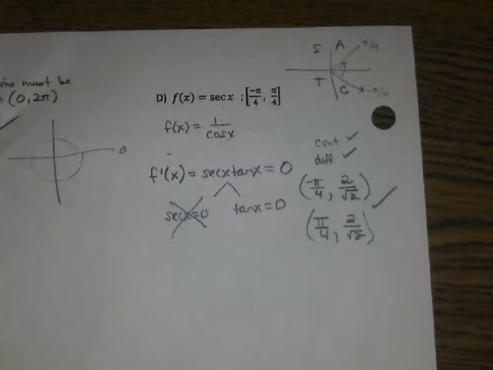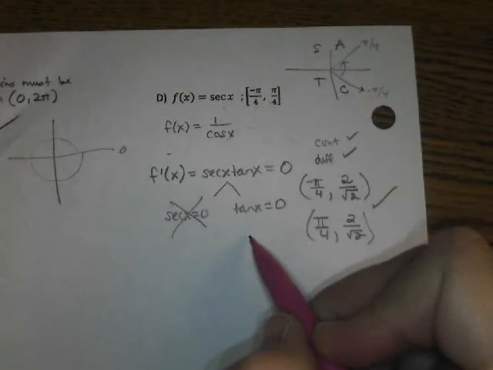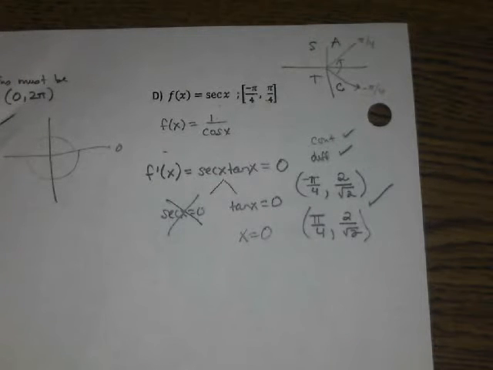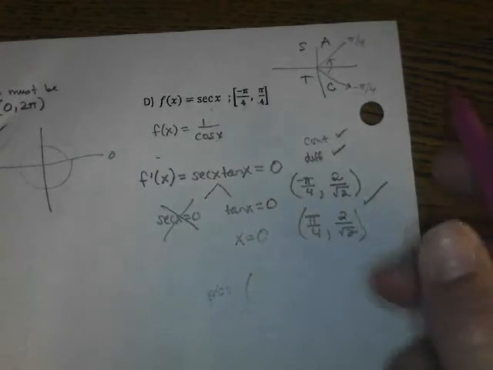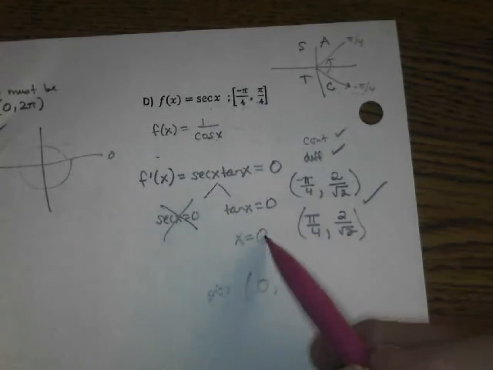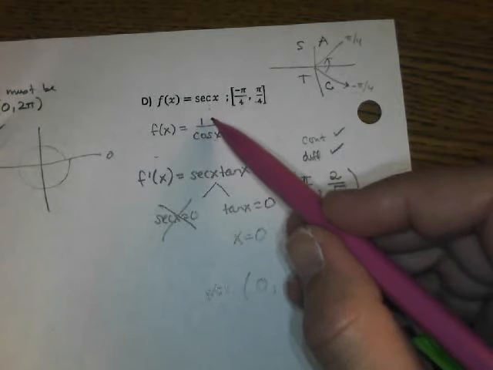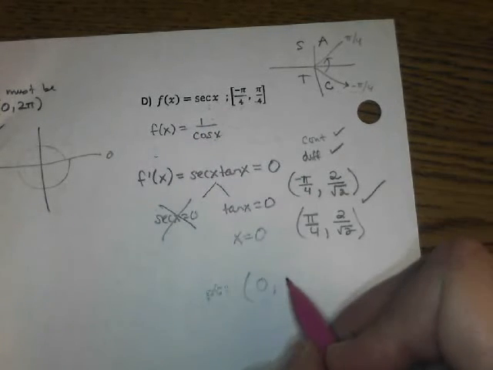If they ever wanted the point, again, we would plug back in 0 to the original. What is the secant of 0? In other words, what is 1 over the cosine of 0? 1. Let's kind of shed some light on this via 1 over the cosine of x.